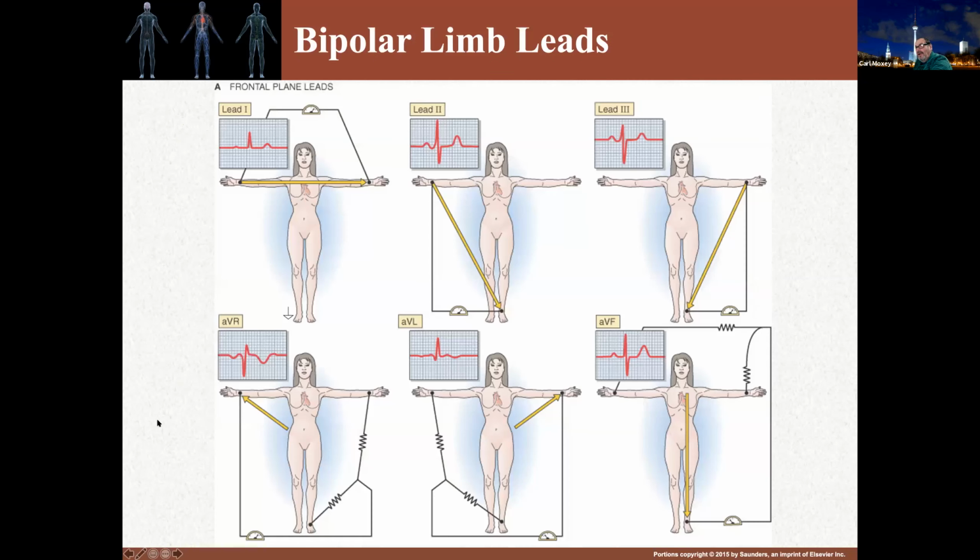If you go back here and you look at these tracings, notice that lead 1 has a very strong positive component to it, but no negative component. Lead 3 has a slightly stronger positive component, but a large negative component as well. And if we add those two together, we get this lead 2. In other words, 1 plus 3 equals 2.